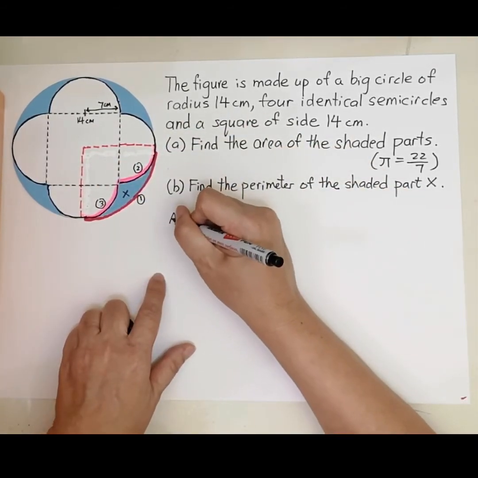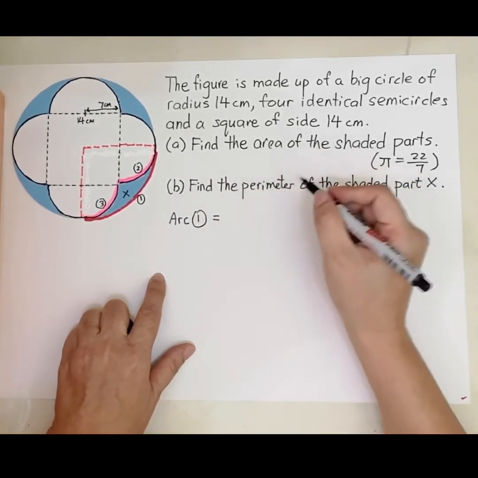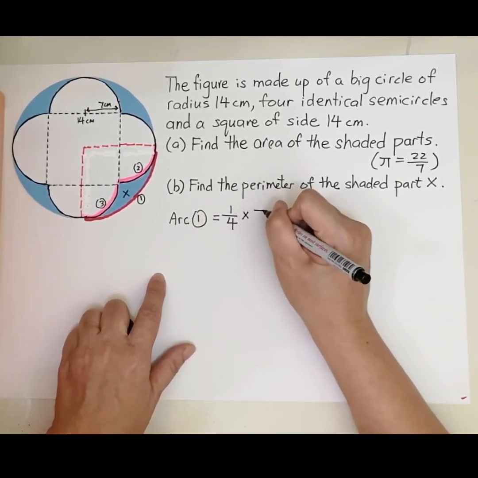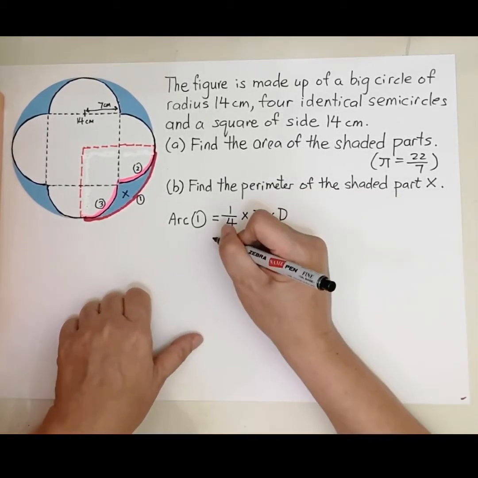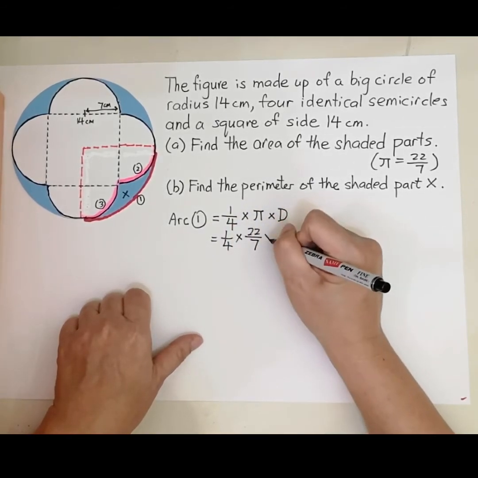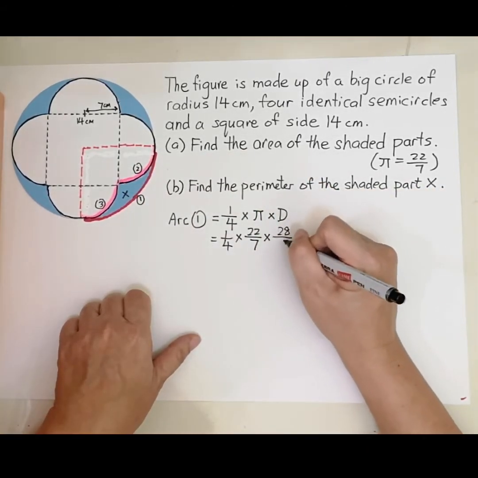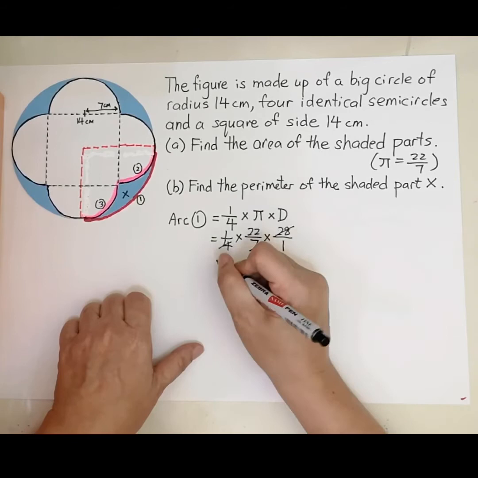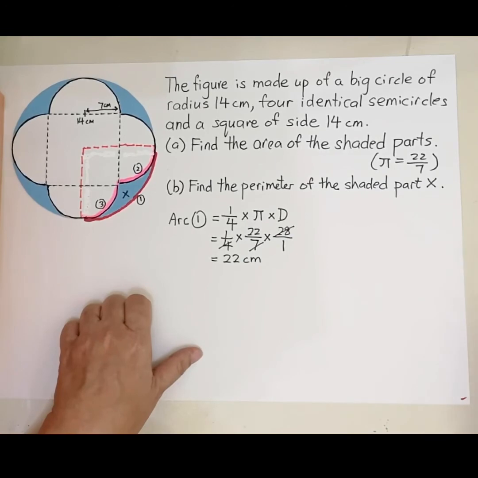Okay, the length of arc 1 will be, since we are talking about circumference, 1/4 multiplied by pi multiplied by diameter of the big circle. So 1/4 multiplied by 22/7, and the diameter of the big circle will be 28 centimeters because its radius is 14 centimeters. And that will work out to be 22 centimeters for arc 1.